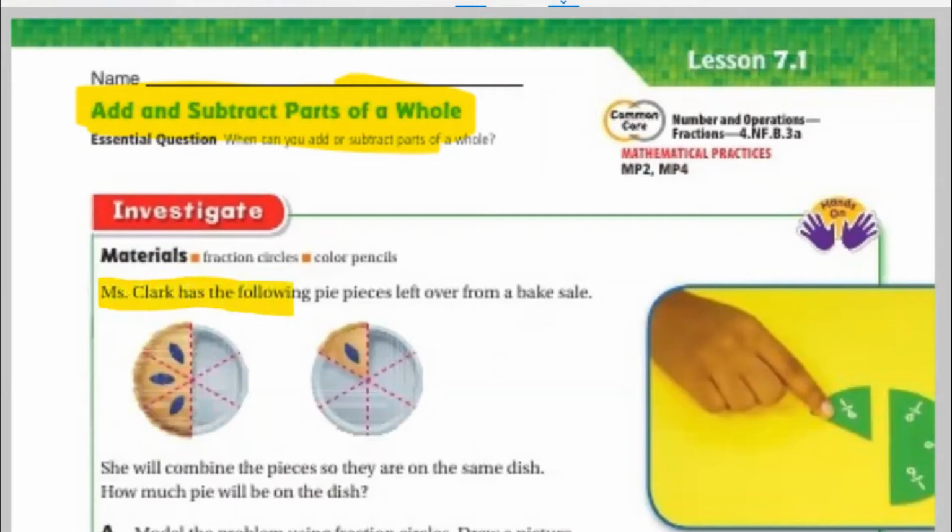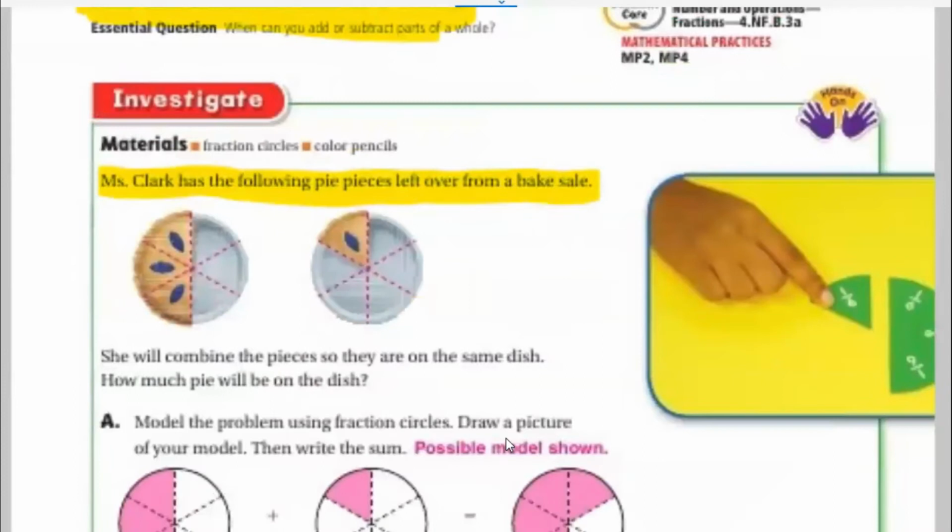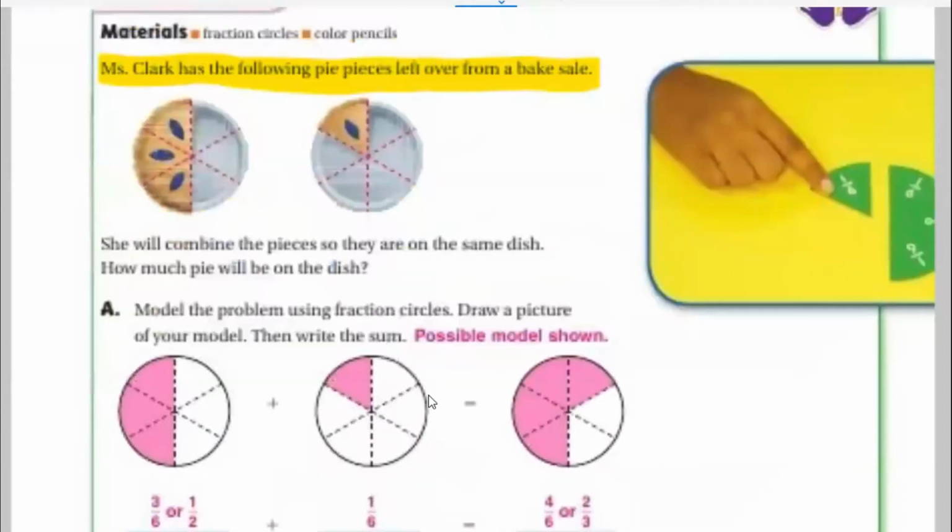Miss Clark has the following pie pieces left over from a bake sale. To add them together to get the total number of parts that Miss Clark has, you have to count each part of these pie pieces. Let's count it here.